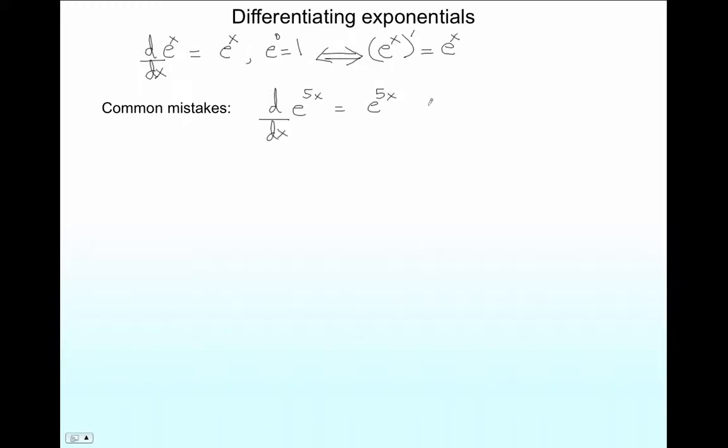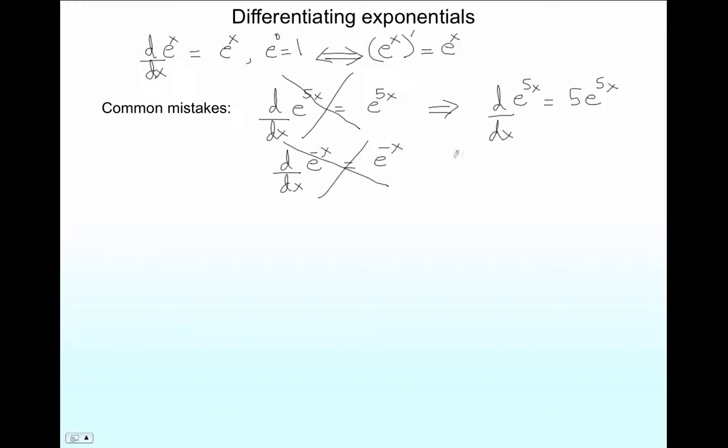Here, one must use the chain rule, and the proper answer, so this is wrong, the proper answer is that d by dx of e to the 5x is 5 times e to the 5x. Similarly, it would be wrong to say that d by dx of e to the minus x is e to the minus x. That too is wrong, and the correct answer, again by using the chain rule which you learnt in a previous lecture, is that this is equal to minus e to the minus x.